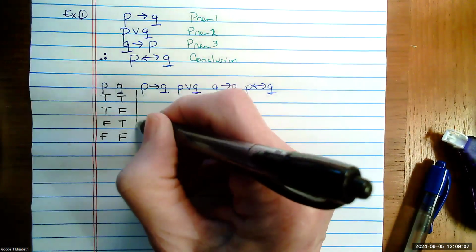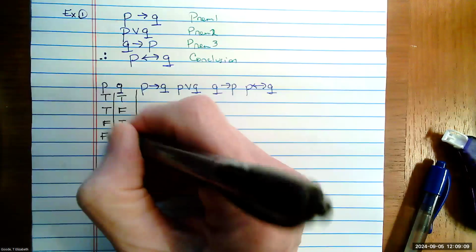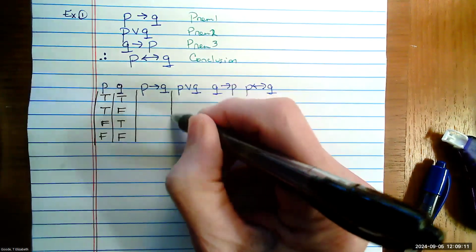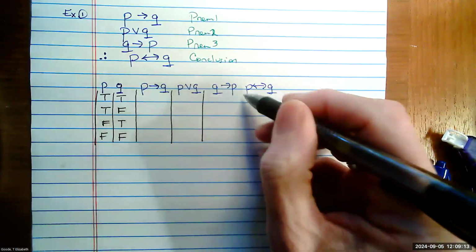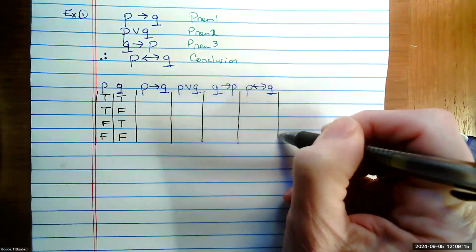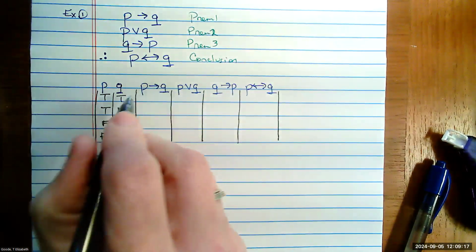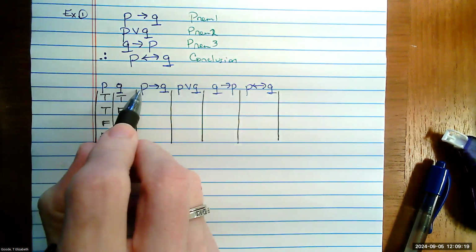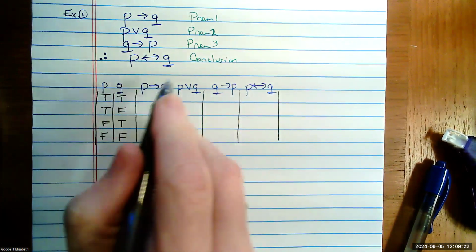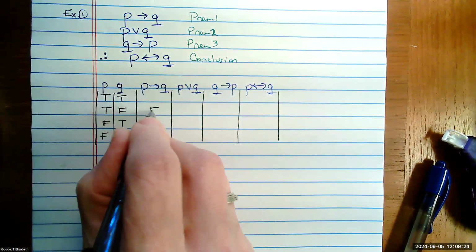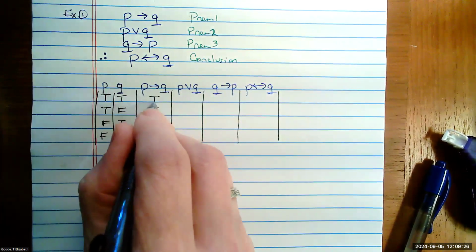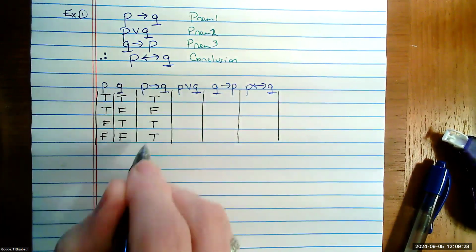Now we can quickly recall how to fill in these columns because we have now learned how to deal with the conditional and the biconditional. P implies Q only fails if the hypothesis P is true and the conclusion Q is false. It's the only time it fails. Otherwise, it's true.